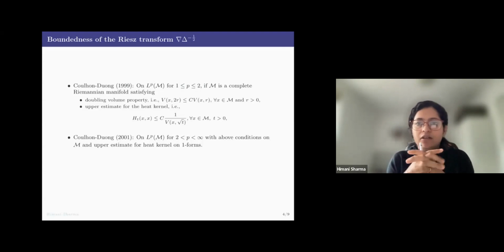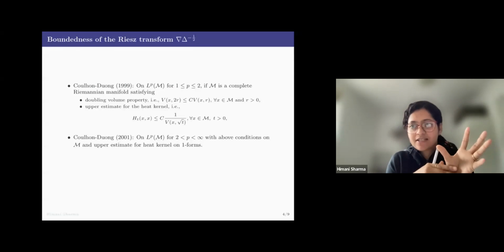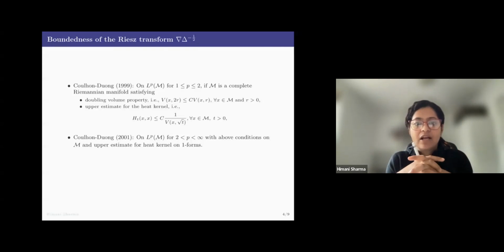If you see both the cases, or in fact many other results that have been done so far, they have assumed that the manifold M has the doubling volume property. So not many results have been done so far which include the non-doubling case.